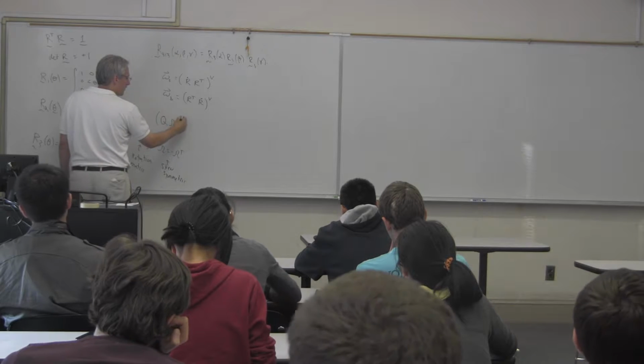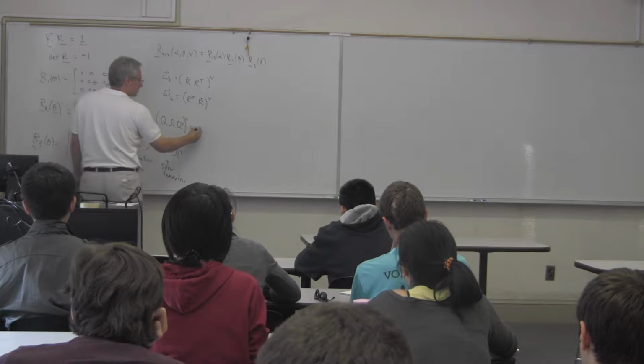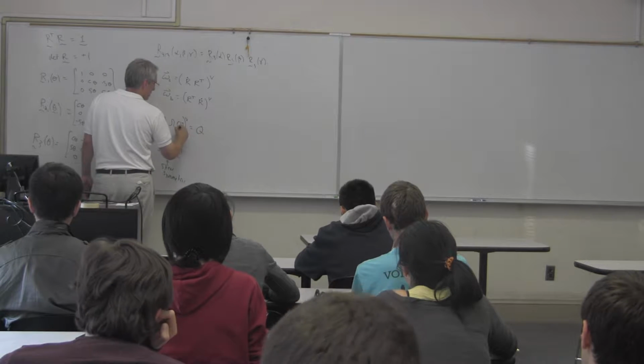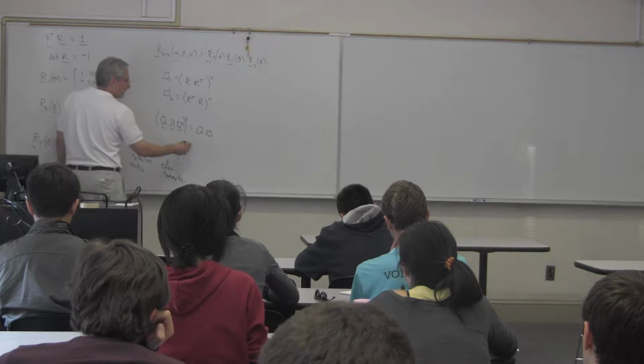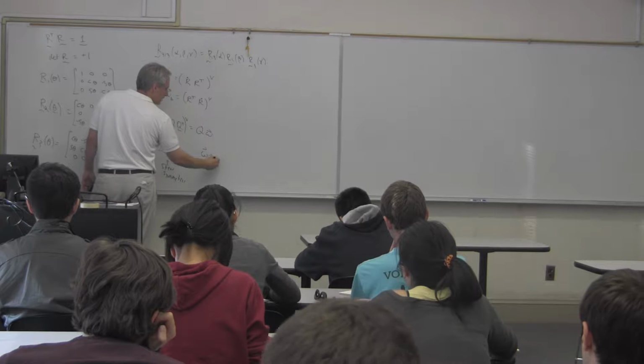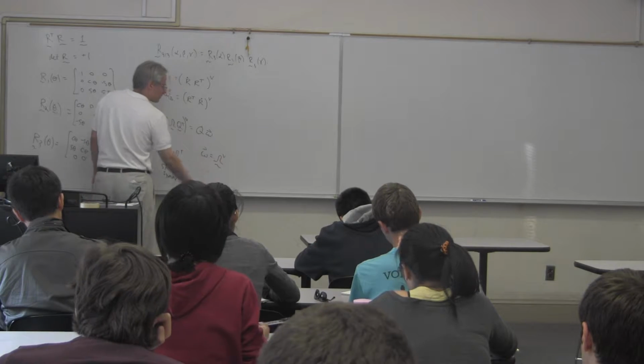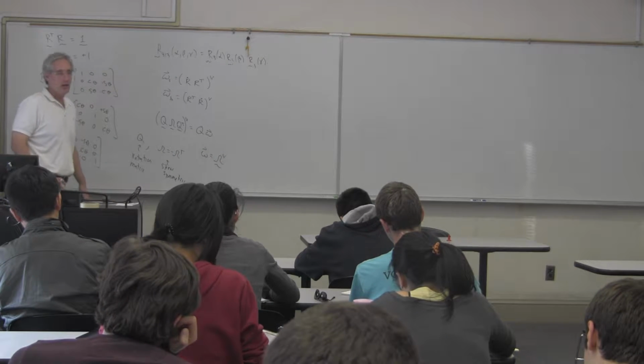And if we take the vector of this skew-symmetric matrix, then this is Q omega, where omega is the vector of the skew-symmetric matrix, capital Omega.